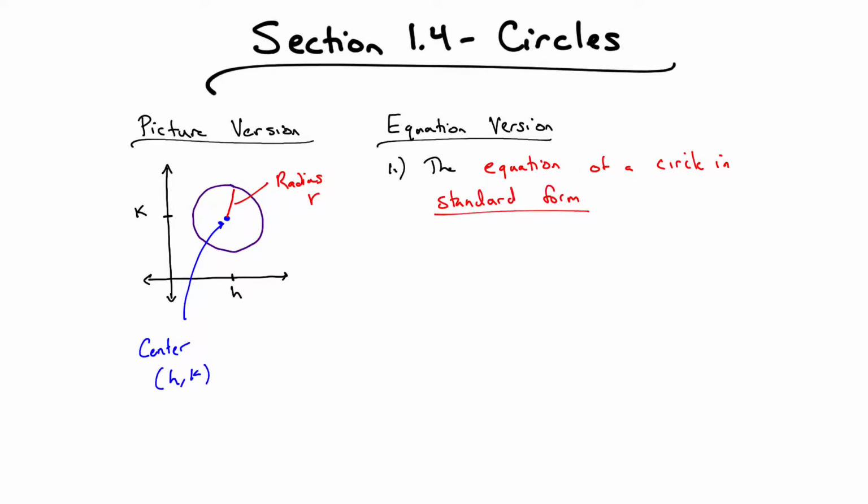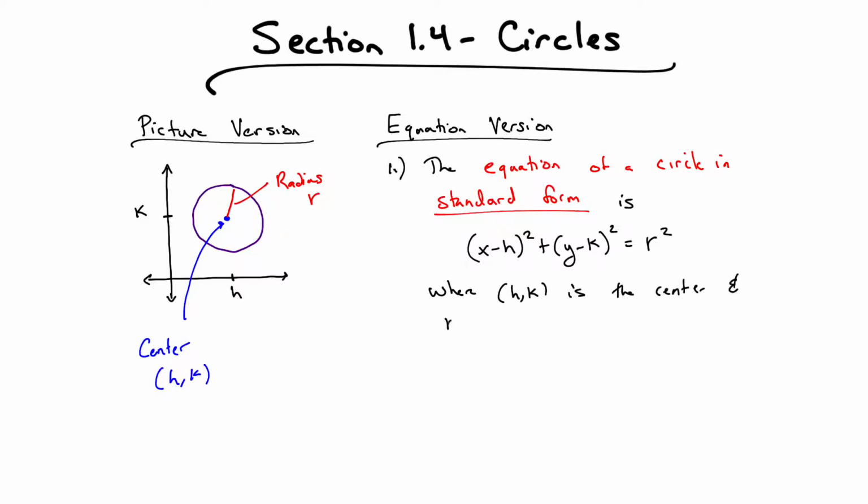So standard form is x minus h quantity squared plus y minus k quantity squared is equal to r squared, where h comma k is the center, and r, not r squared, but r, is the radius.